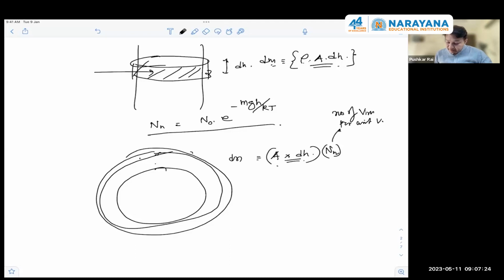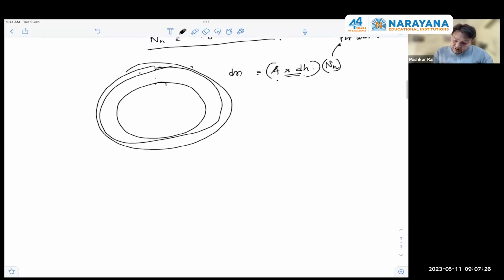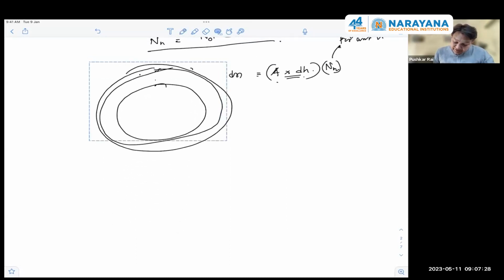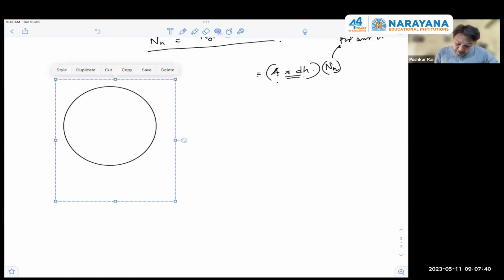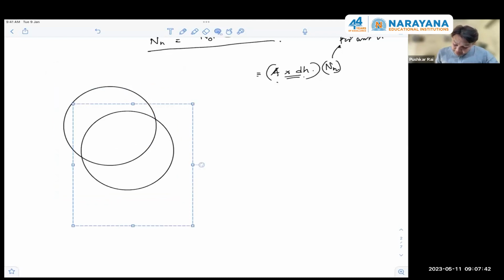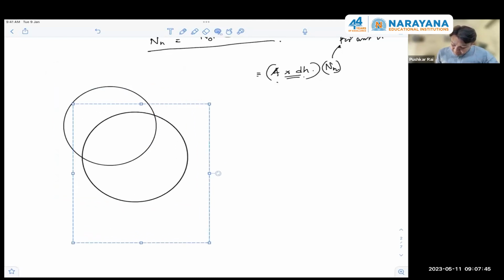Let me write it very clearly, because otherwise this writing should not be taken casually. This is our earth, and the problem is simple, but seems very difficult initially.